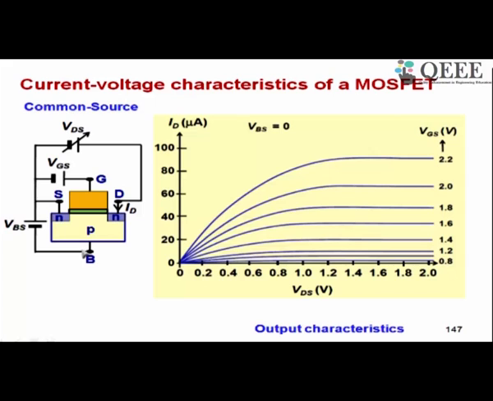Once these are shorted, VDB is the same as VDS, because S and B are shorted. So it is ID versus VDS, VBS is 0, and then as a function of VGS. As you increase your VGS, your current goes on increasing. Okay, that is what we have shown here. Here it was shown VGB, but B is the same as S because bulk is shorted to source.